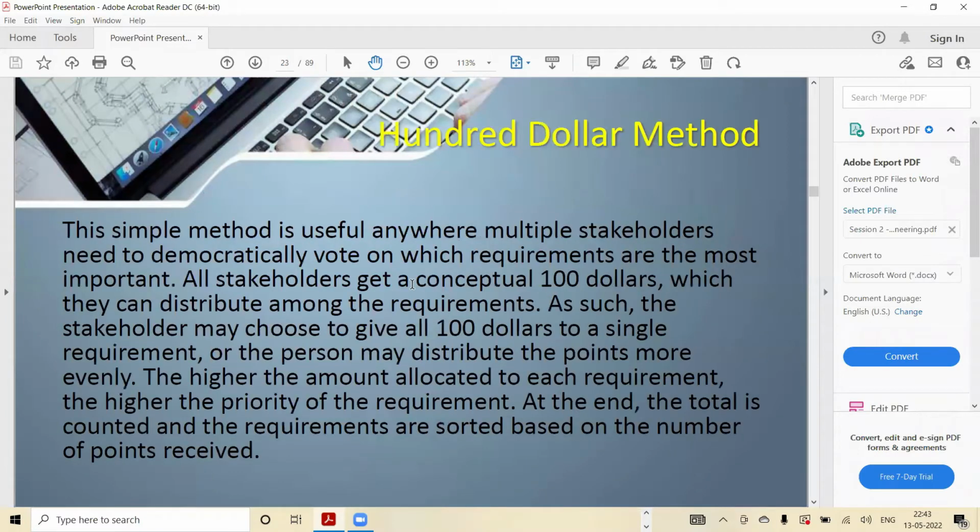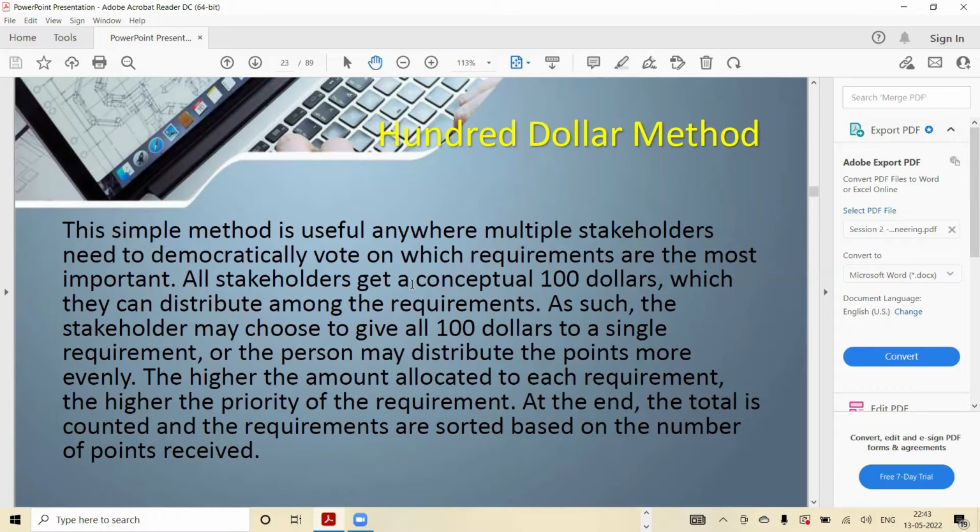The last one is the $100 method. It says that when nothing else works, ranking does not work, the bubble sort doesn't work, the Moscow rule doesn't work, then you come to this $100 method. In the $100 method, every stakeholder is given $100, or 100 points, you can say.